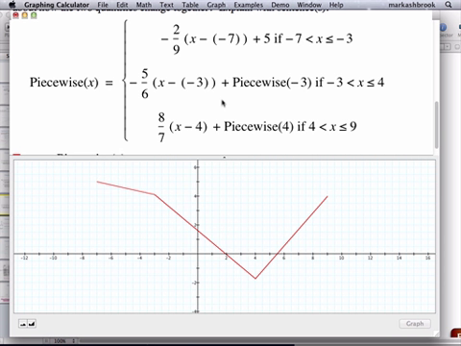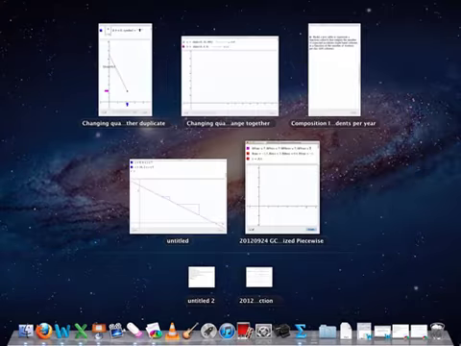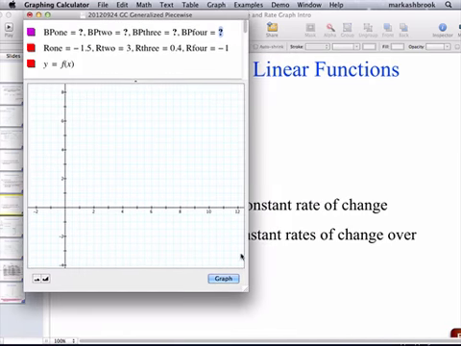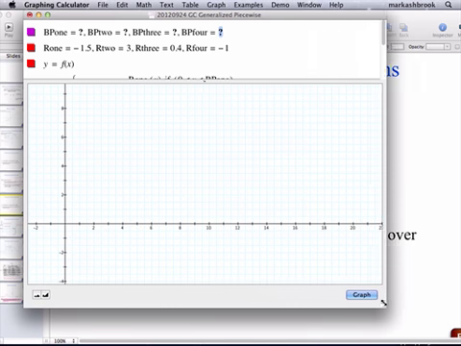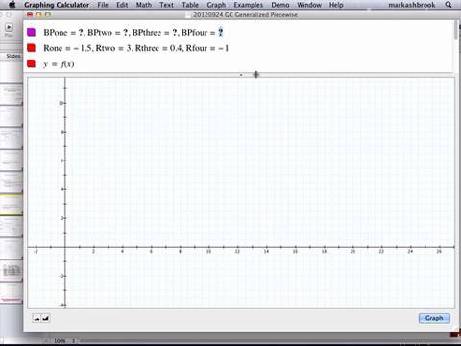Okay, so your assignment is to create a piecewise generator. BP1, BP2, BP3, BP4 are the breakpoints.